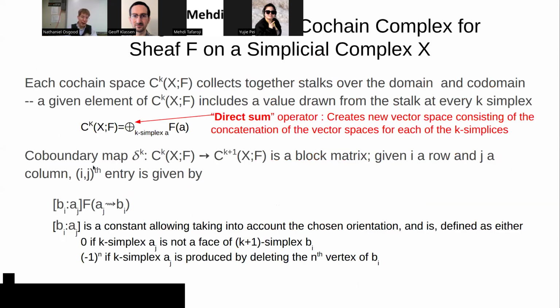Okay. What is C^k? Well, I told you it was concatenating together the stalks over each of the k-simplices. So C^k for a given sheaf is sticking the stalks together, forming a vector space whose basis is the bases of all the stalks for the k-simplices, so it has values for each of the k-simplices for their stalks.